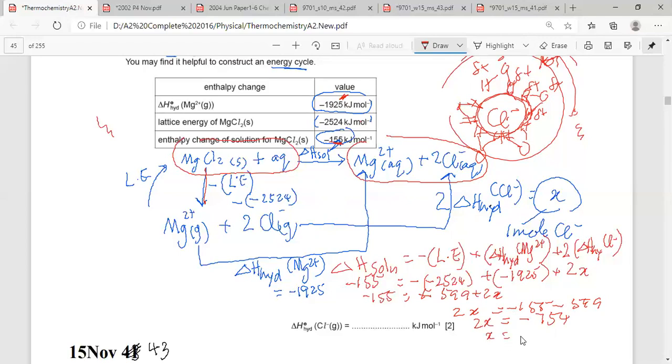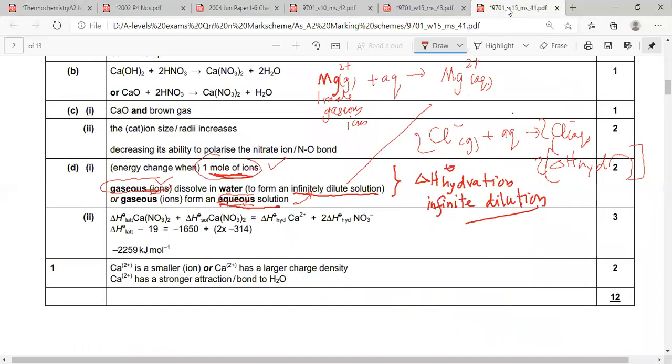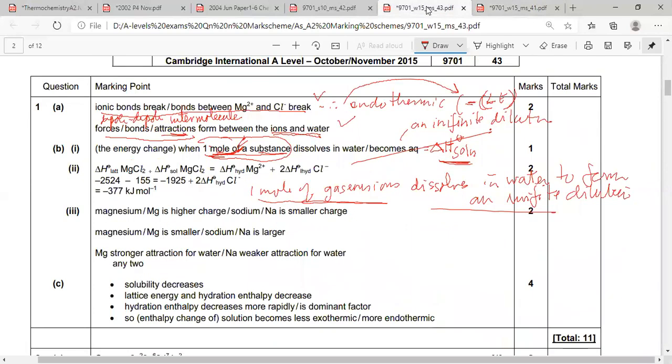Divided by 2, so it's minus 377. Okay, let's put the answer. Don't forget kilojoules per mole of ion. Perfect answer, minus 377.